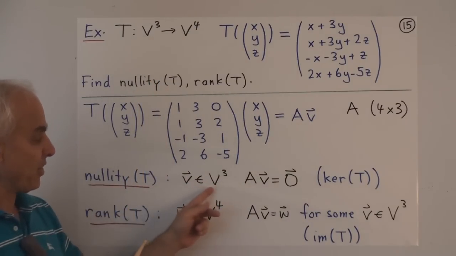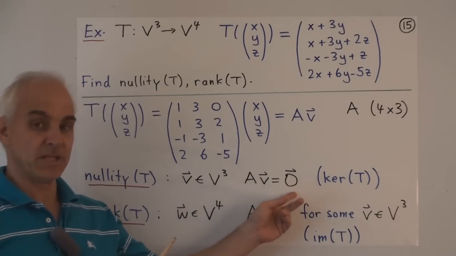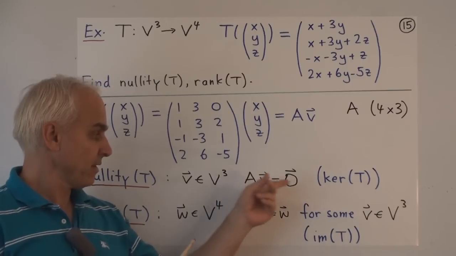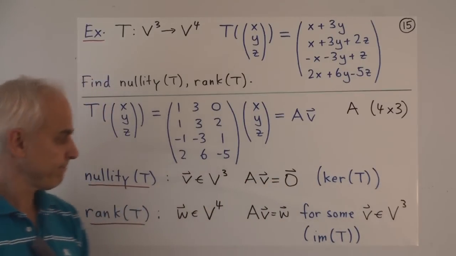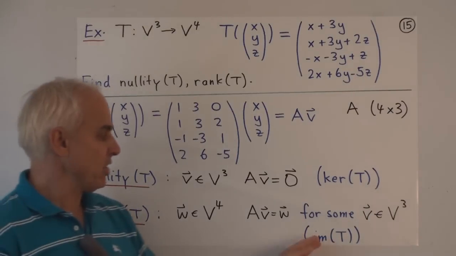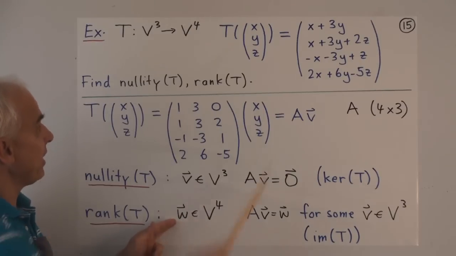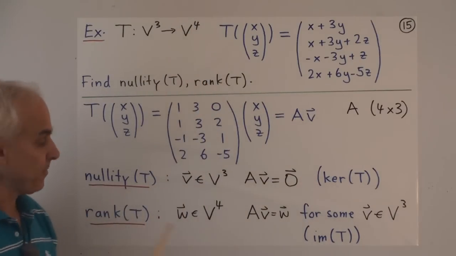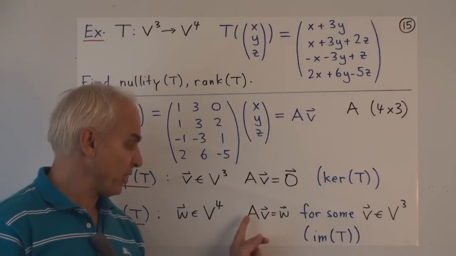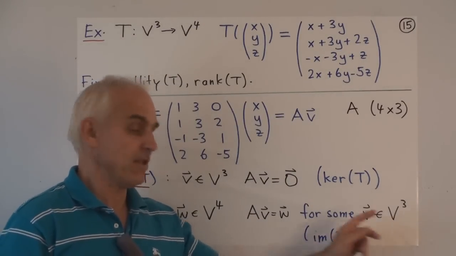So a vector v in our initial space has the kernel property when it's sent to 0. In other words, when you multiply it by this matrix A on the left, you get 0 output. And the rank of T is the dimension of the image. What's the image? Well, that's a property of vectors in the final space. So it's those w in the final space that have the property that A times v equals w for some v in the initial space.